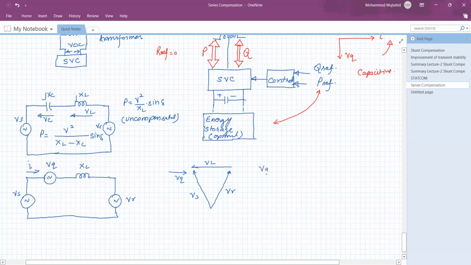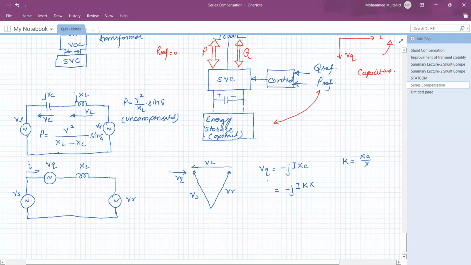VQ is equal to minus J I into XC, isn't it? So we can write it as minus J into I K into XL or X, isn't it? What is K? K is the degree of series compensation, XC upon X.